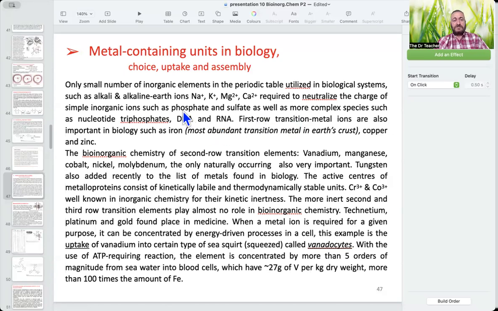Okay, so here are the metal-containing units in biology. There is something called choice, uptake, and assembly.